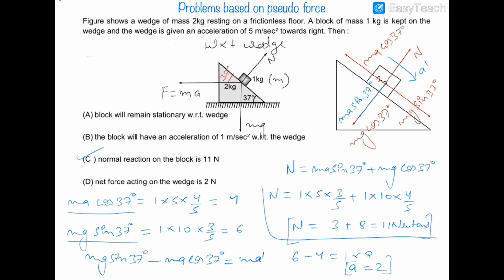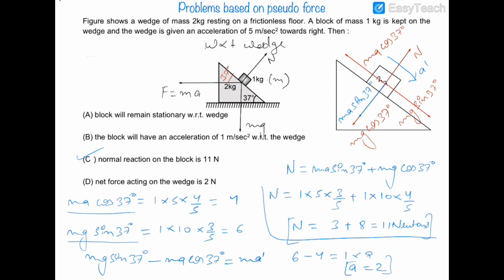The second option is also wrong because acceleration is given as 1 meter per second square, but the correct answer which we are getting is 2 meter per second square. And the net force acting on the wedge is 2 newtons. So the net force acting on the wedge will be equal to ma, in the direction of that motion.